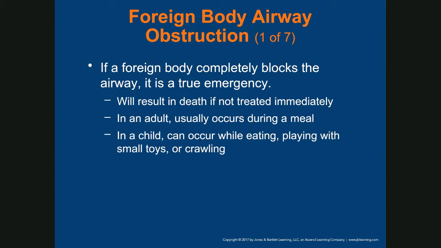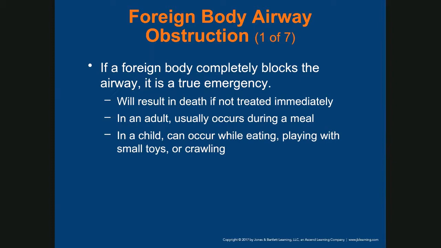What you need to remember with your foreign body airway obstruction, I've said it earlier, a patient can have a partial obstruction with good air exchange or a partial obstruction with poor air exchange, right? And you will simply follow the BLS protocol.